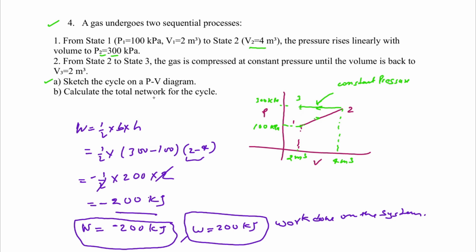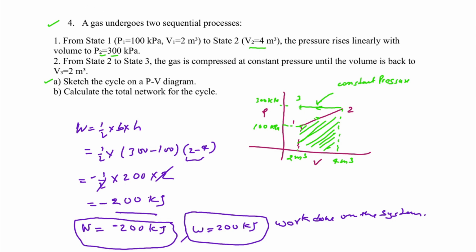Second, calculate the total net work for this cycle. For any process, for example this process 1 to 2, the work done equals the area under this curve. So this is the area for process 1 to 2.